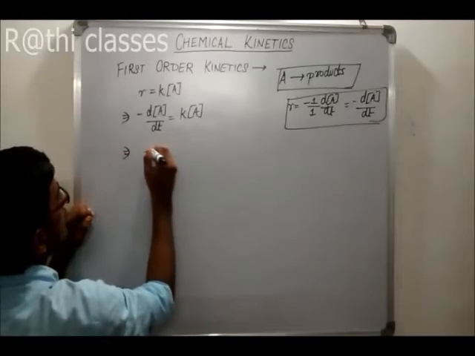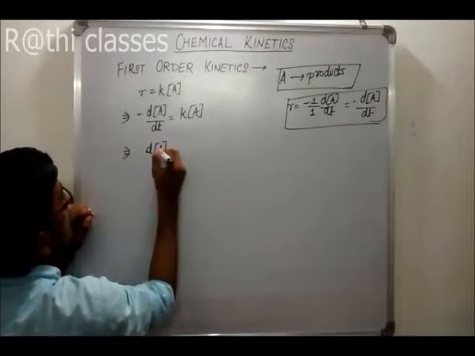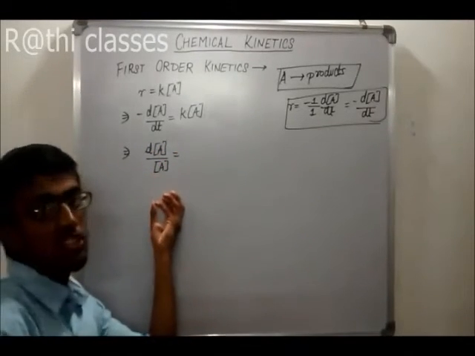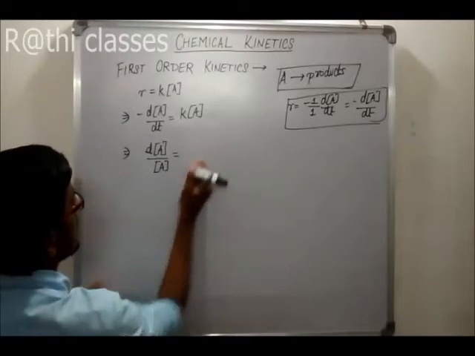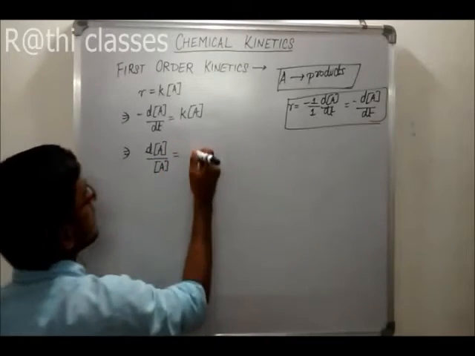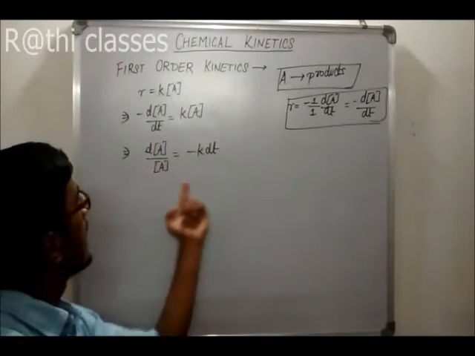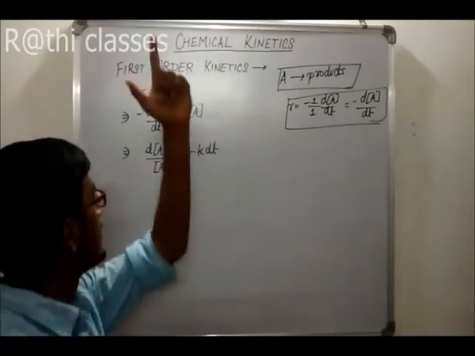So we can write it as dA upon A, where the box means concentration of A, is equal to minus K dt. We take the minus sign here and K dt.